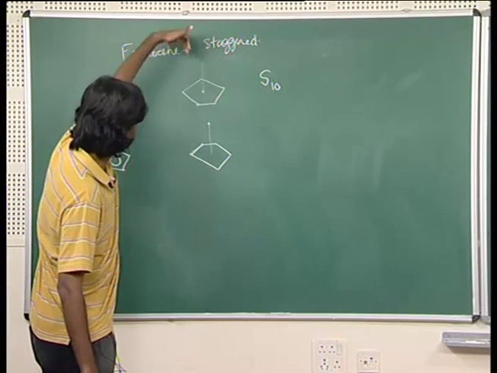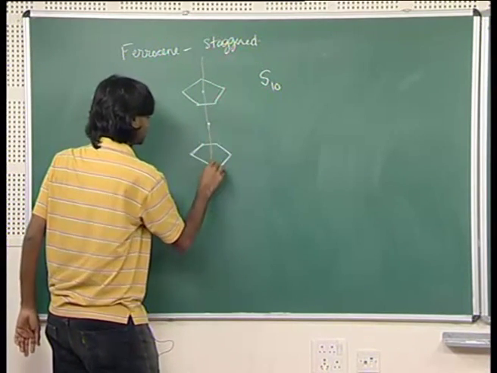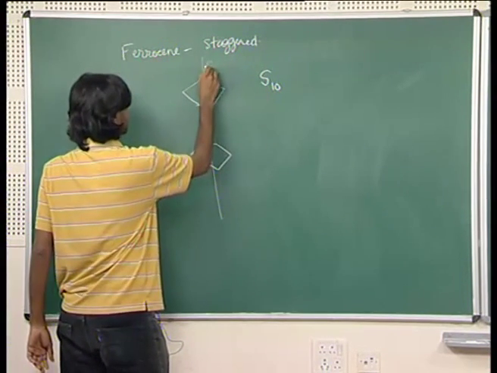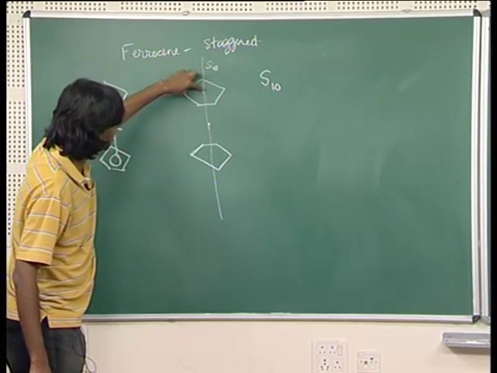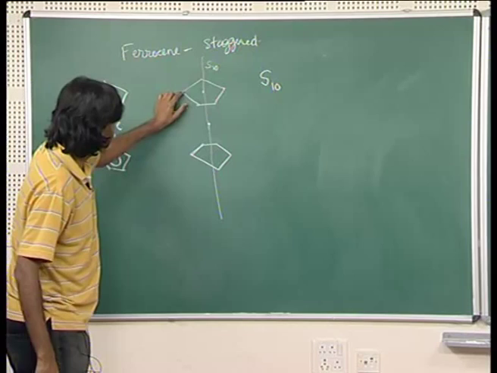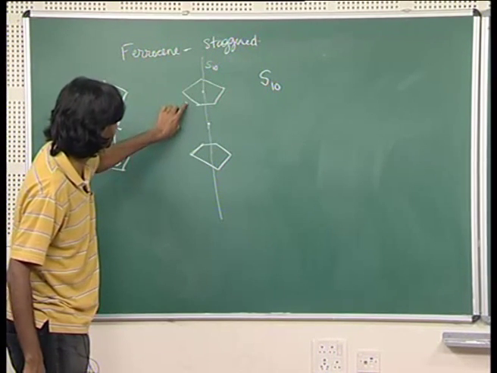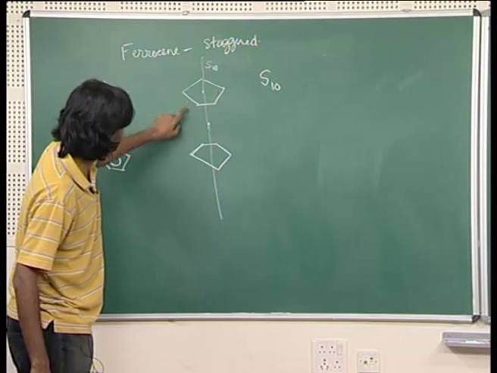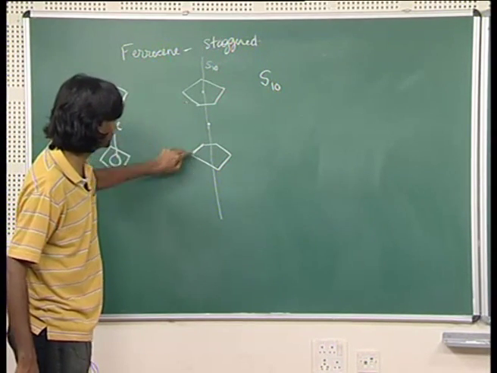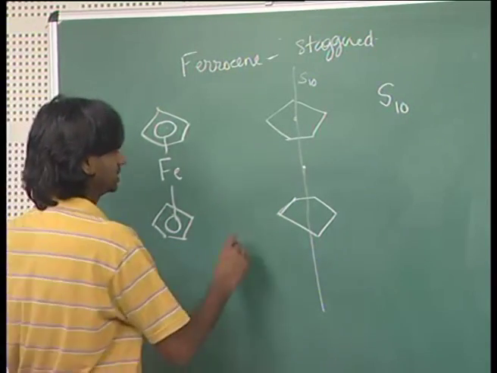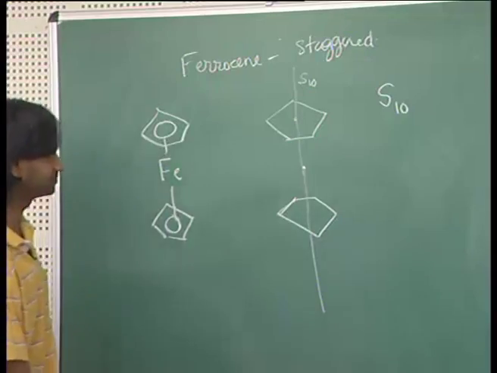You can imagine it this way. So this axis is an S10 axis. If you rotate it by 2 pi by 10, then this triangle will come right here. This bond will end up here, and when you reflect it, it will get reflected onto this. So it's an S10 axis.